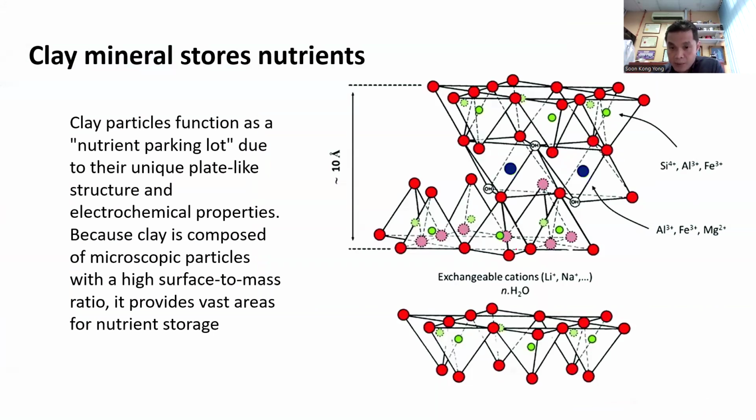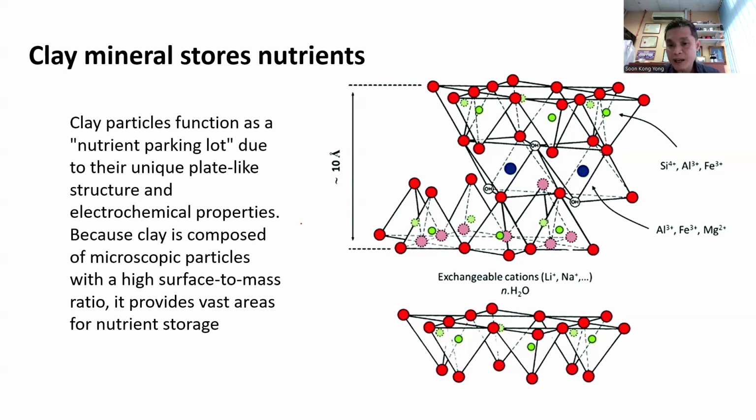Like I said, in between these clay particles, there are exchangeable cations. I forgot to add one important word: not only cations, but exchangeable cations. Why? Because some cations, even though they exist, are quite difficult to come out because they are very strongly charged and they bind these two clays together very strongly, like iron 3 plus or aluminium 3 plus.